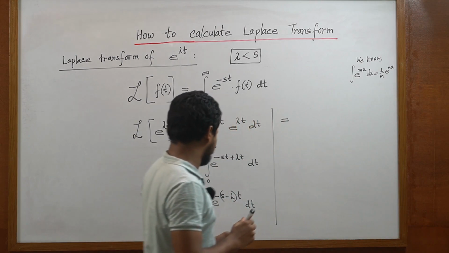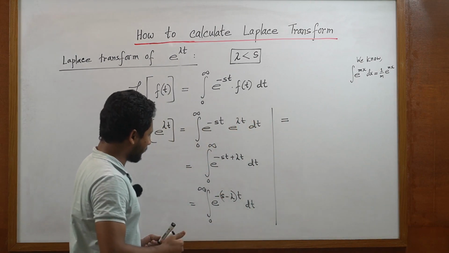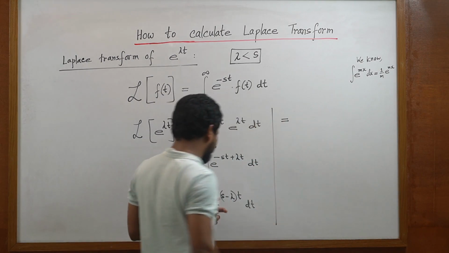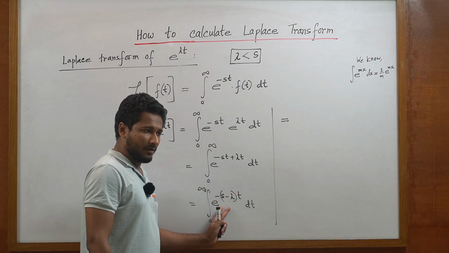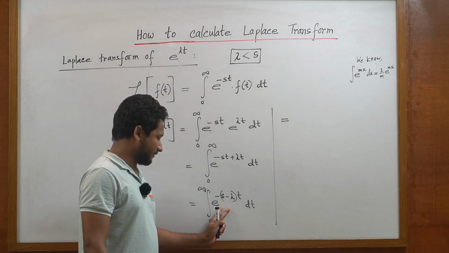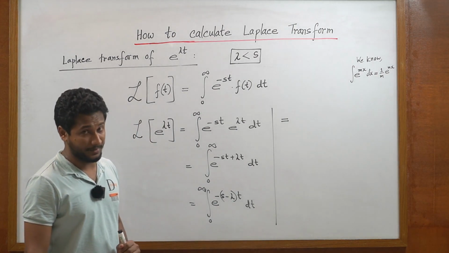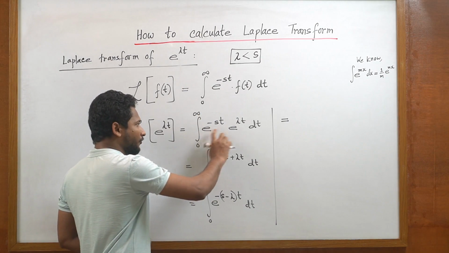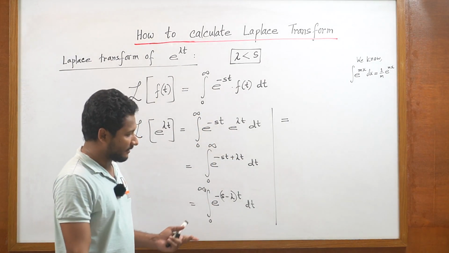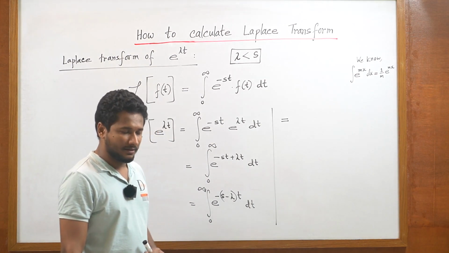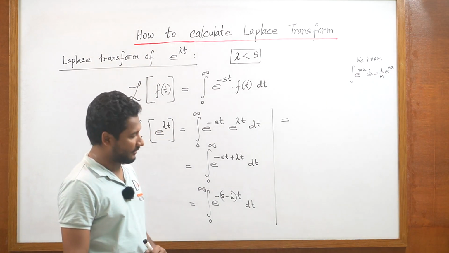Here only one function exists, so we don't need the integration UV method or integration by parts. If two different functions exist, then integration by parts is required.